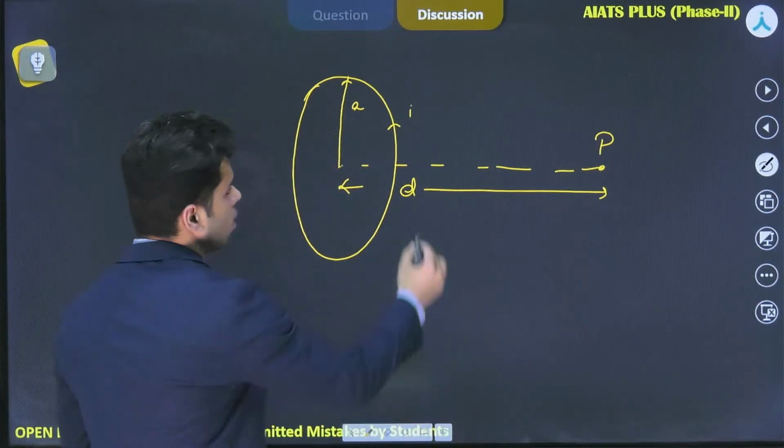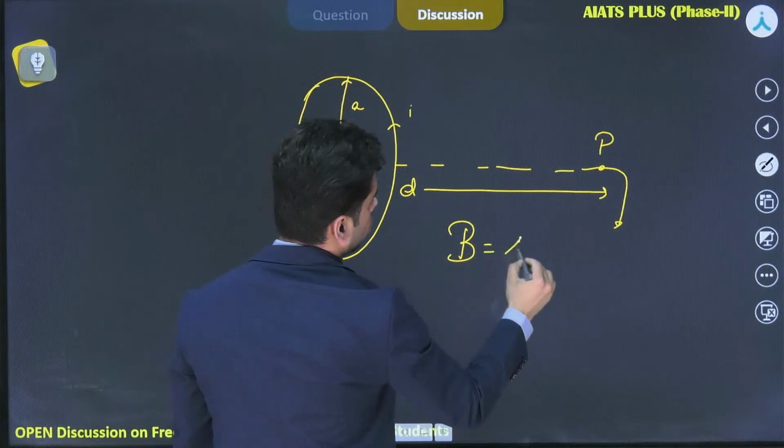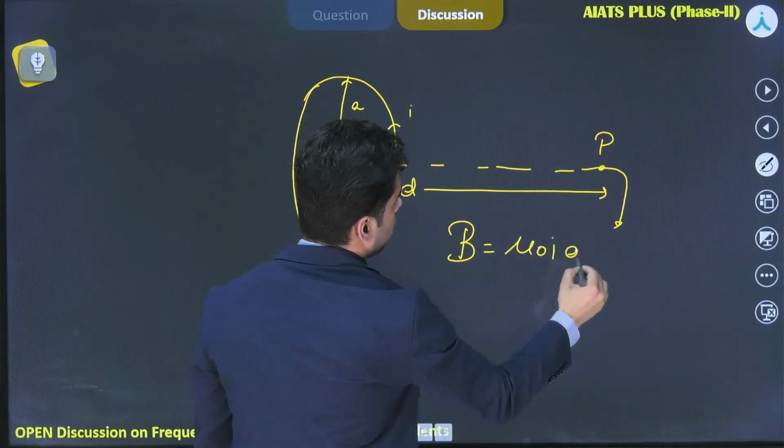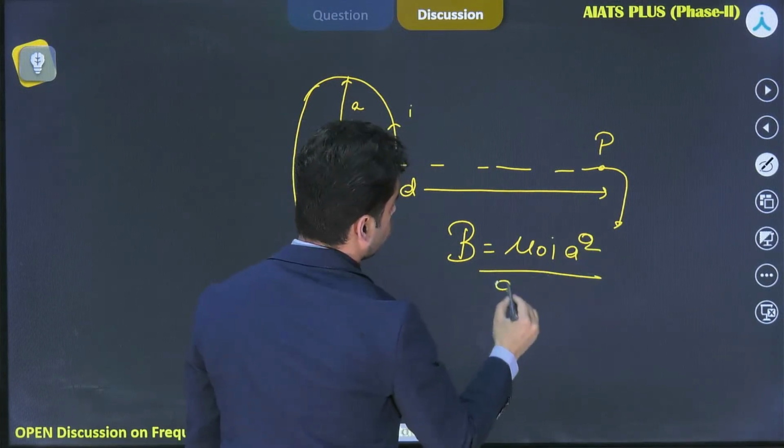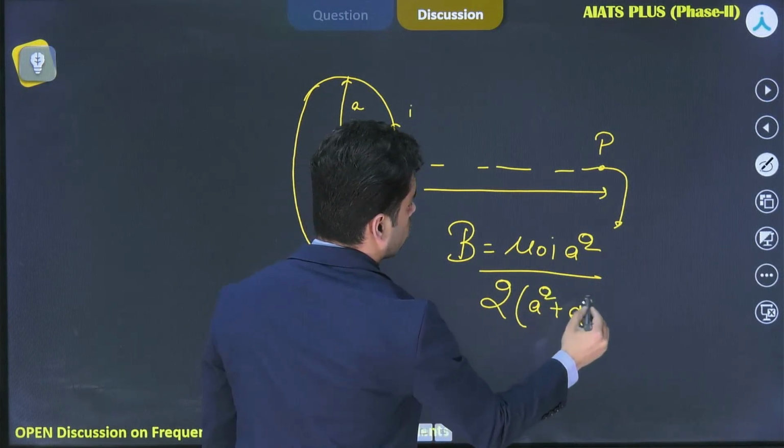For the axial point, B will be equal to mu naught I A square over 2 times A square plus D square raised to the power 3 by 2.